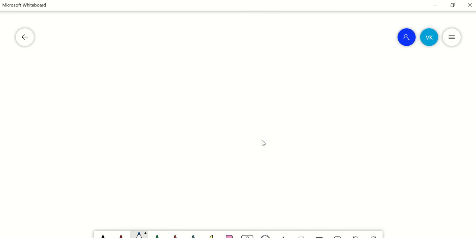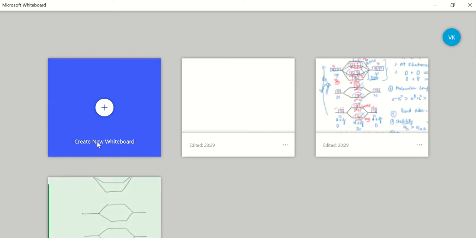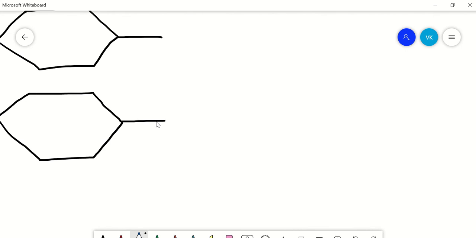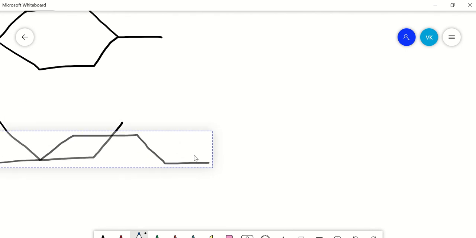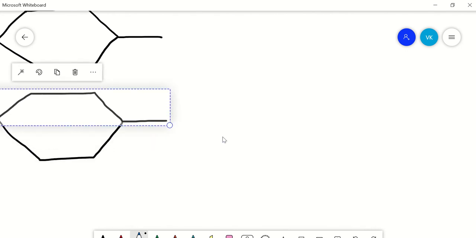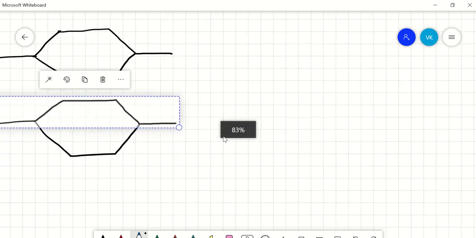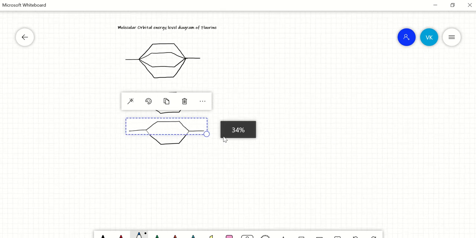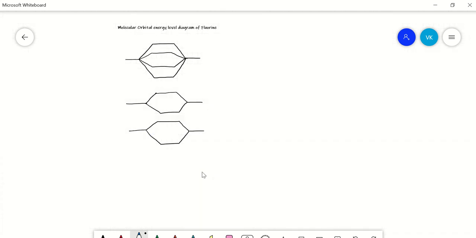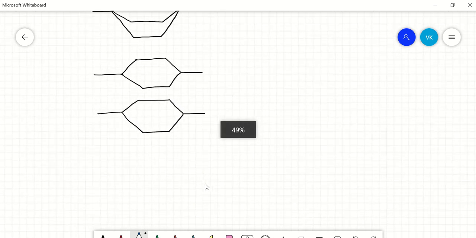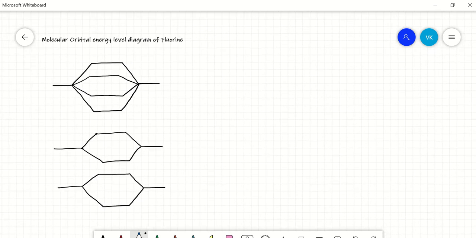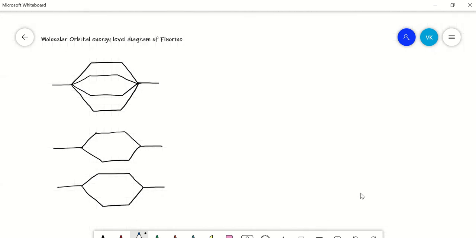Electronic configuration for fluorine: the atomic number will be 9.